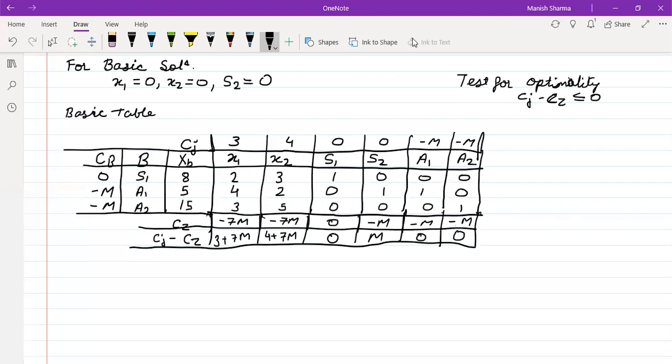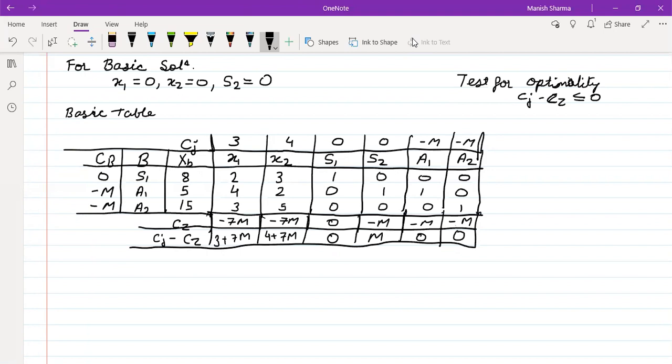But if you see m, what is m? We have said that m is equivalent to infinity. So 7 times infinity plus 3, 7 times infinity plus 4, and this is infinity itself.